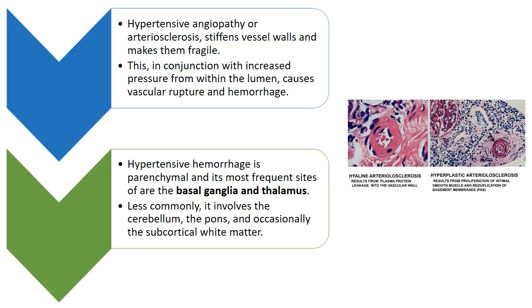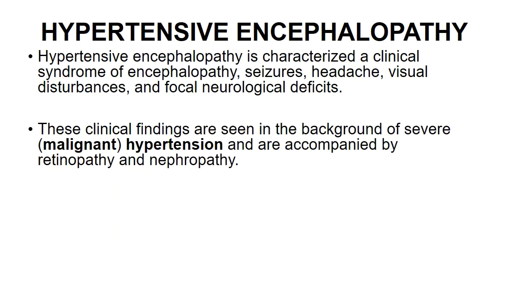So now coming to hypertensive encephalopathy. Hypertensive encephalopathy is characterized by a clinical syndrome of encephalopathy, seizures, headache, visual disturbances, and focal neurological deficits. These clinical findings are seen in the background of severe or malignant hypertension and are usually accompanied by retinopathy and nephropathy.